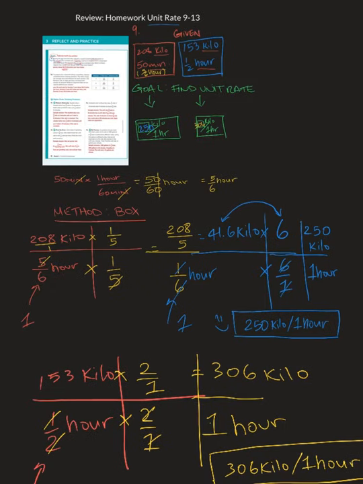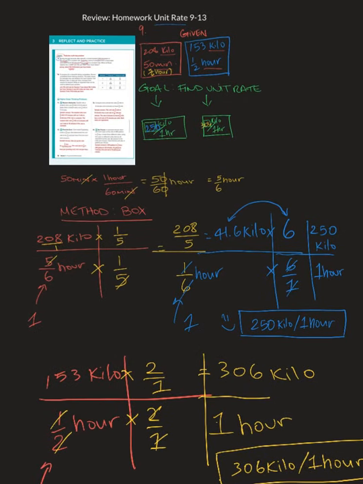So those are your two different unit rates. Your two unit rates will be 250 per hour and 306 per hour, right? And this is per hour, kilometers.